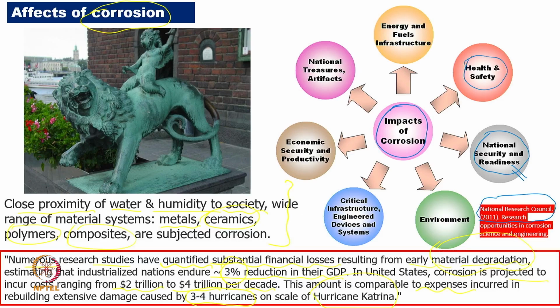Even now, suppose we have implants in a body and they get corroded, because there are a number of fluids in the body, there is a possibility of corrosion. So, naturally health and safety will become a major issue in that case. Now, coming to energy and fuel, we know there are pipelines, and pipelines get corroded also, and if gas gets leaked into the environment, again there is an issue. If the fuel gets leaked, then there is a direct loss and an indirect loss also.